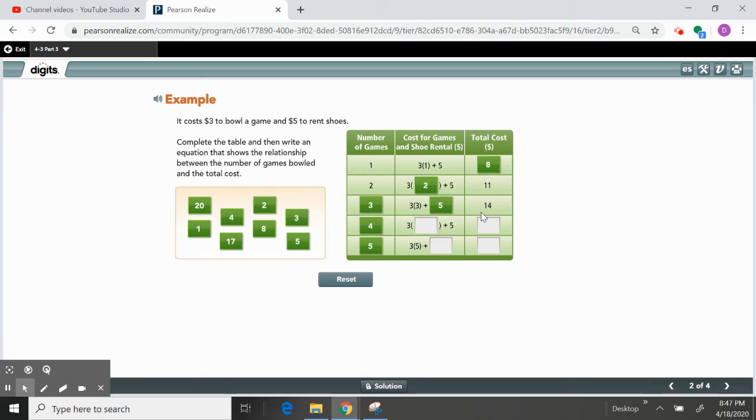That's 14. Okay, good. And I can reset that, and then all the things go back. So when you go today, I want you to figure this part out. And if you need help, you can click Solution, and it'll show you what to do. So you can click that after you try it or if you get stuck.